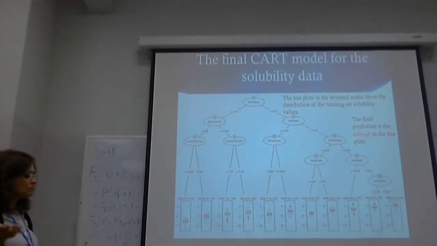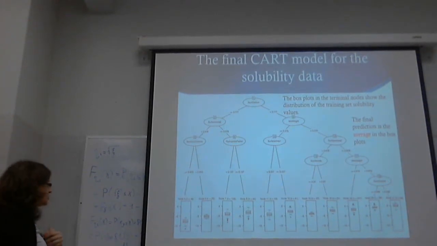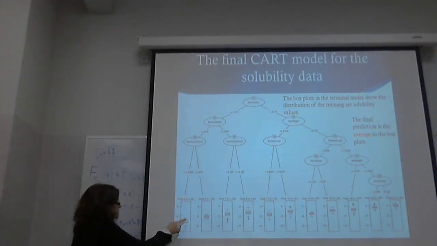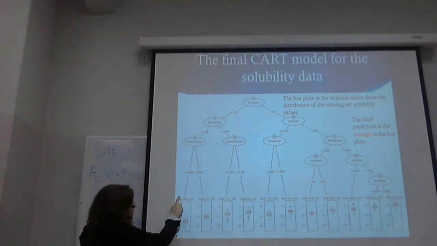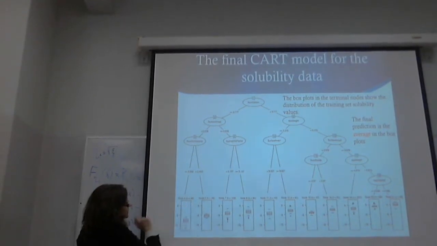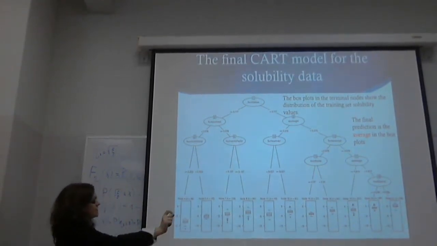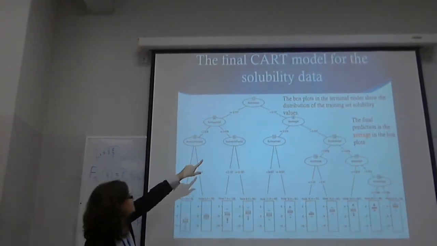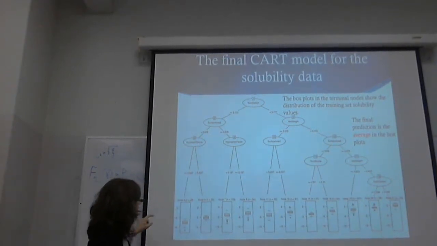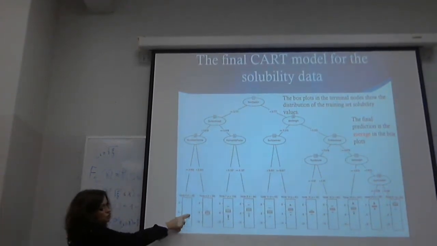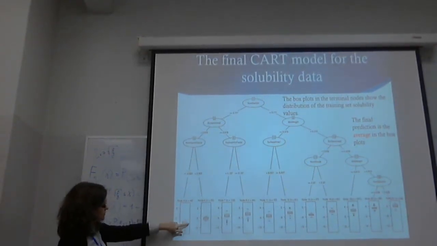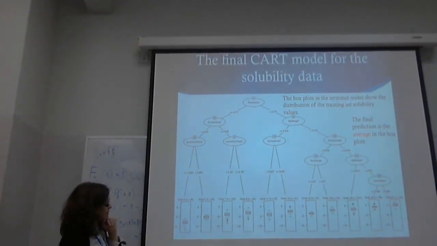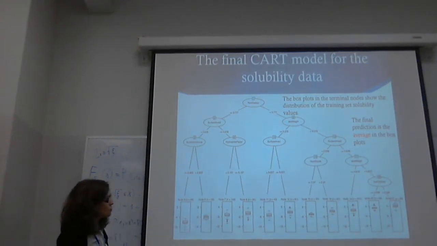There would be a number of data points in our training set. Actually there are 48 substances that satisfy this rule and go there. And that's why we have a distribution of solubility values here, and this box plot with the median and other things. And the same for each node.